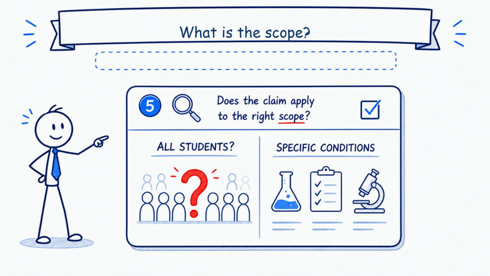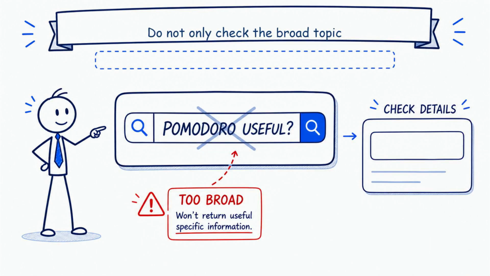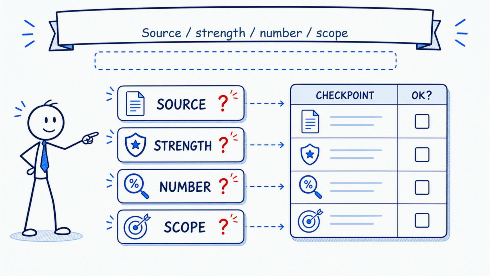Fifth, does the conclusion apply to all students or only to a specific experimental condition? After breaking it down, you will find that the most important thing to check is not the broad question of whether the Pomodoro technique is useful. What you need to check is the source, the strength of the evidence, the number, and the scope of application.